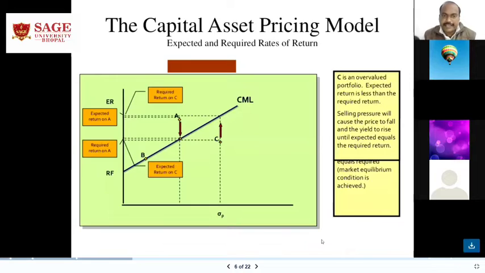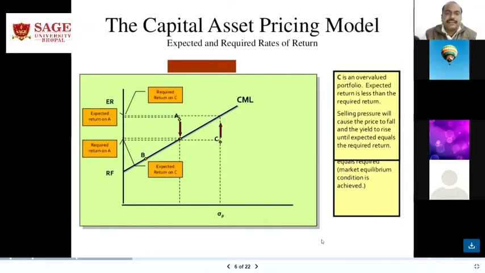CML indicates the capital market line. So in that capital market line, as an investor, I will be identifying the stocks of risky assets as well as risk-free assets. I will be including risky assets as well as risk-free assets.